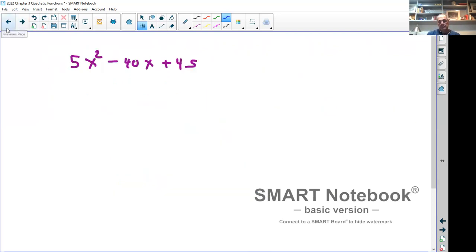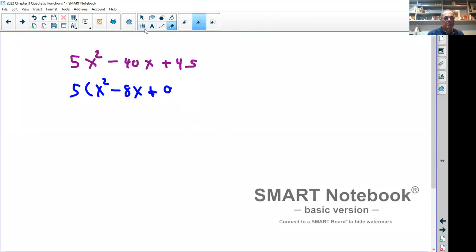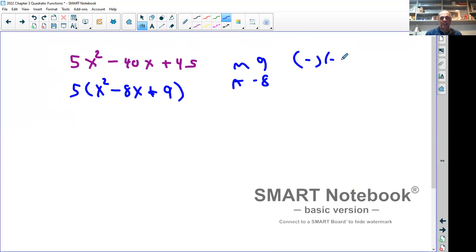One more try, go ahead. GCF first. And now we multiply to 9, add to -8. Multiplies to a positive, adds to a negative, so negative, negative.